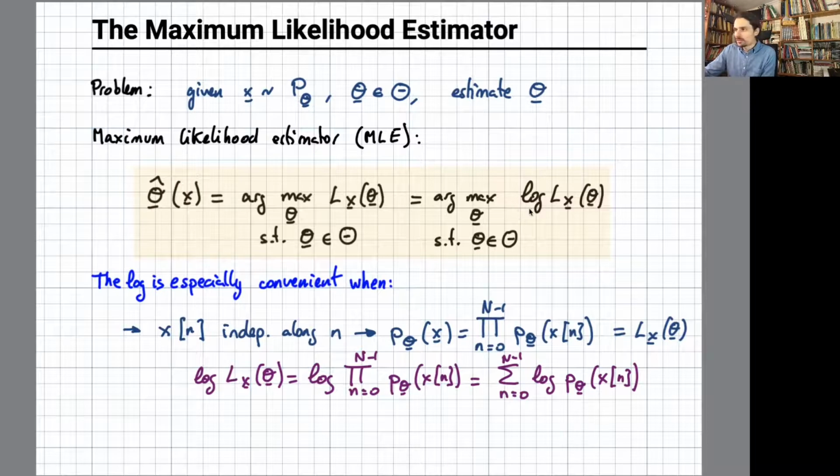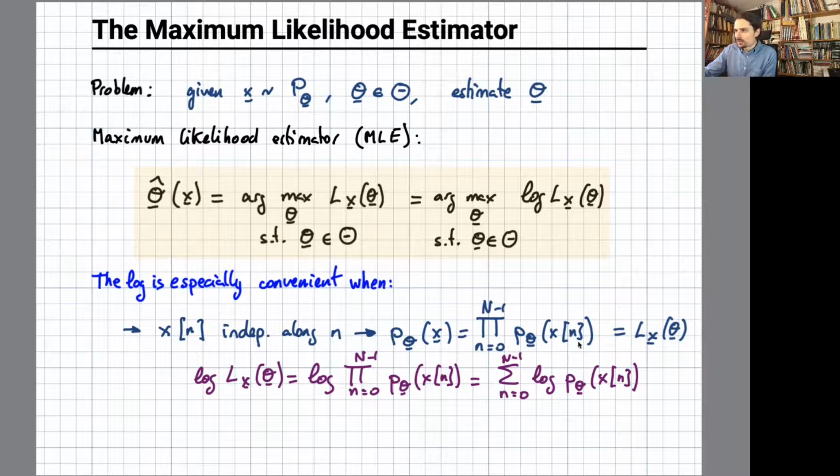On the one hand, the logarithm decouples products as sums. So this is very important, for example, in the case where the samples are independent along n. Remember that in that situation, the joint PDF of the data can be expressed as the product of the marginal PDFs of each sample.